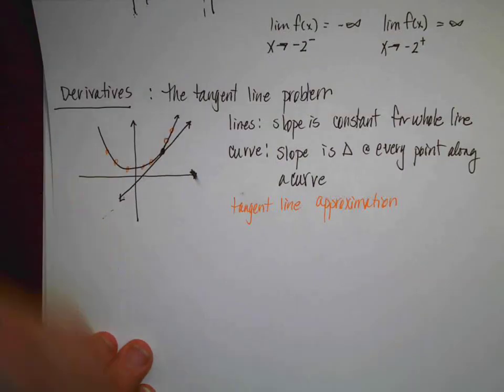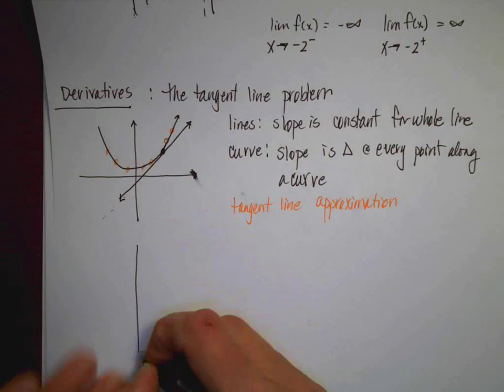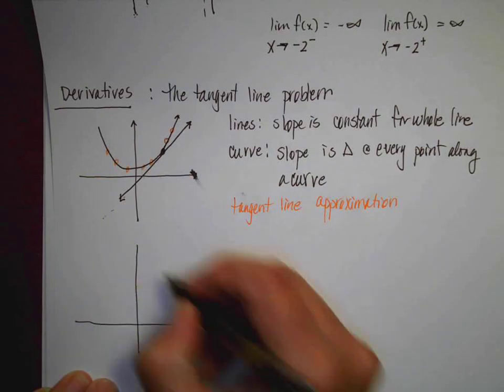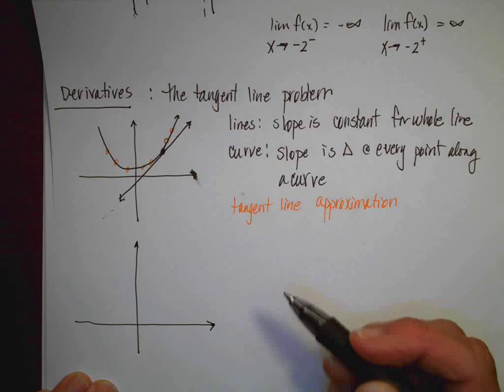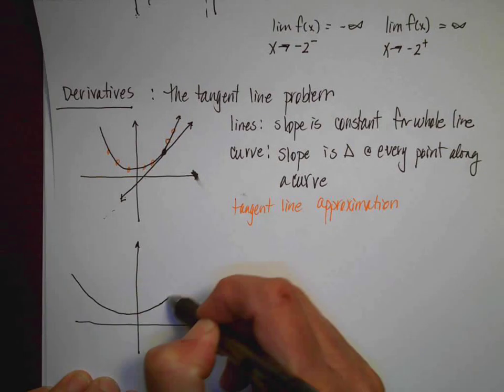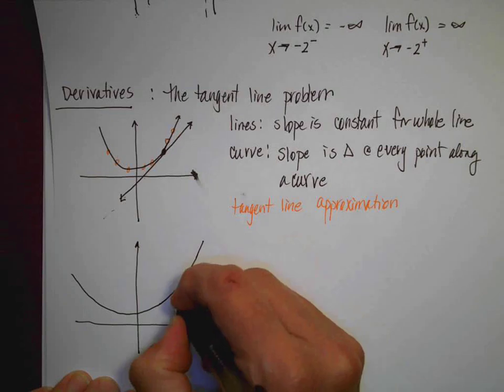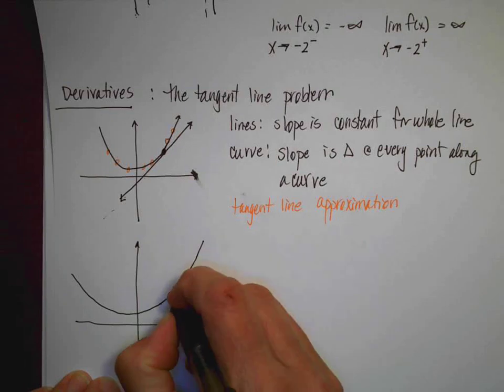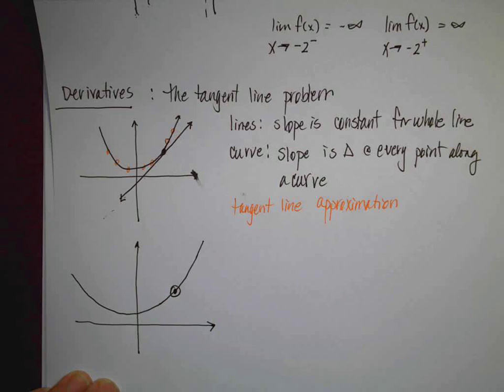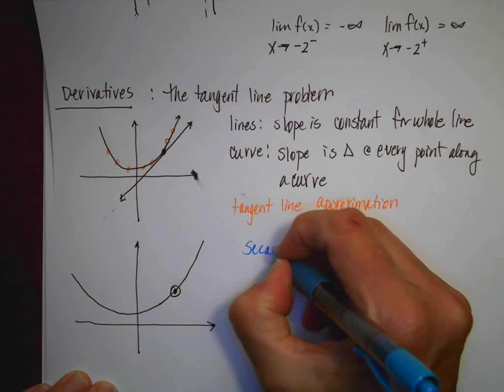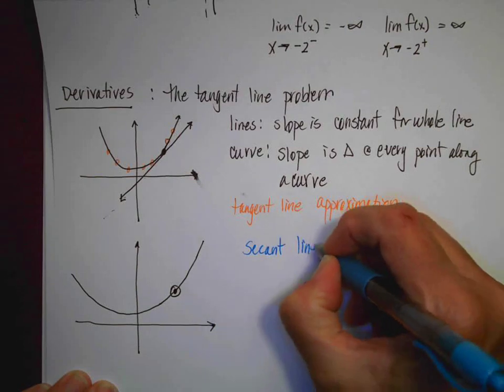So then a slight variation of that problem, and this is usually how we approach this concept in the beginning, is so let's say this is my cute little curve, and I want to approximate the slope of the function, and I'm going to circle it so we know that that's our target at that point. Well, I could approximate with a secant line.